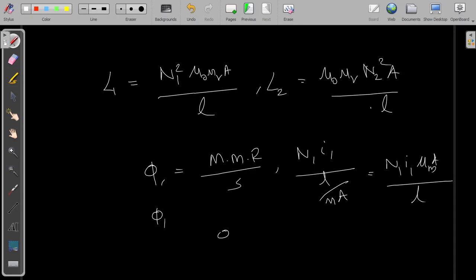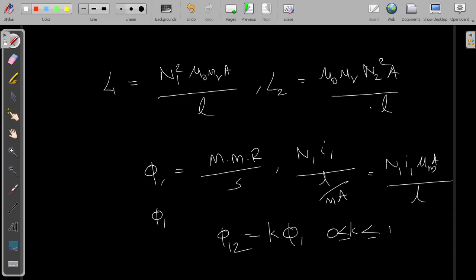So I have phi 12, the portion of phi 1 linking with coil 2, equal to some fraction K times phi 1, K phi 1, where K is less than or equal to 1 and greater than or equal to 0.